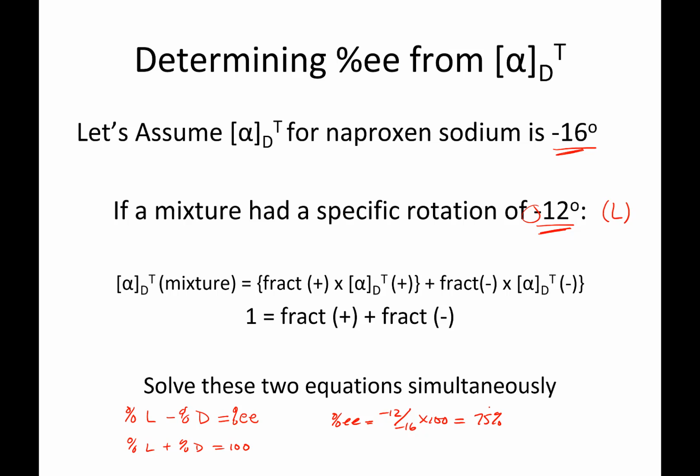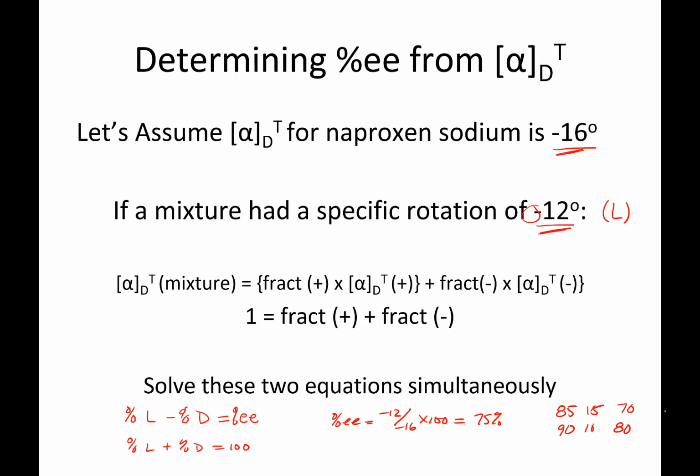But okay, let's start out with, how about 85 and 15? What percent enantiomeric excess would that give me? 85 minus 15 is 70. Okay, so it's a little higher than that. So let's go 90-10, which is 80.